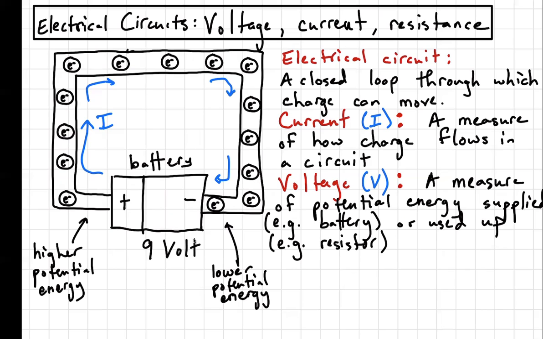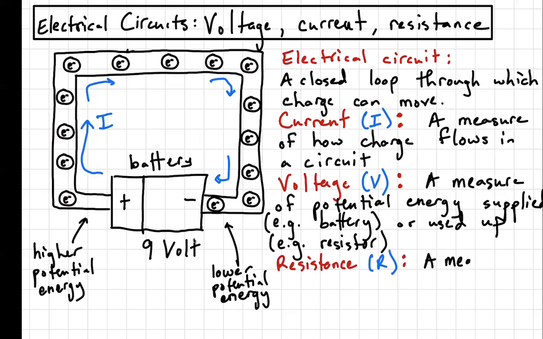Okay, so a battery can supply potential energy to charges and get them to start moving in a circuit, cause current to flow. The last thing I want to define here is resistance, denoted by the symbol R, usually. And this is a measure, whoops, let me do that in black.